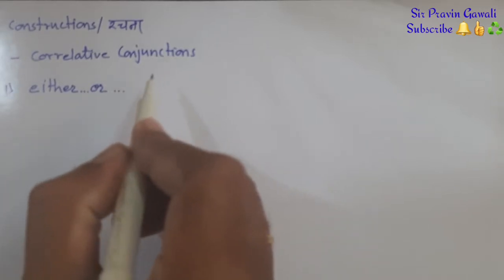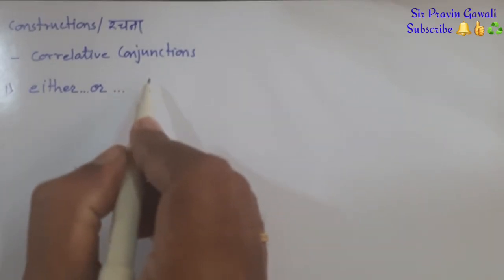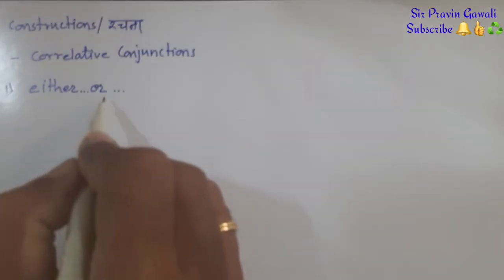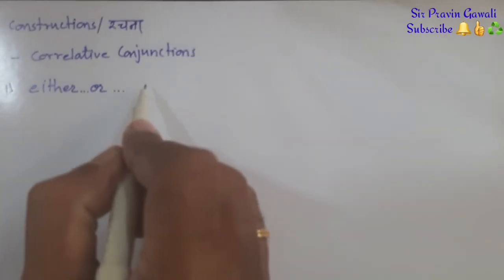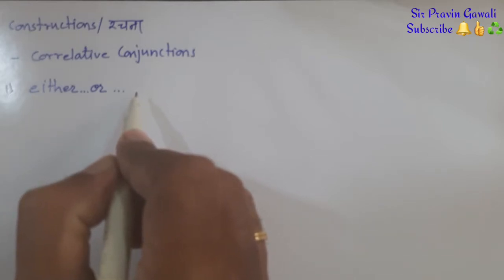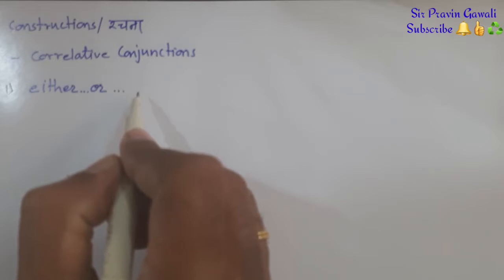Okay, students? It means when we give an alternative, then we use either or. It means you have the option of selecting only one. When we say sometimes, do you want this or that?